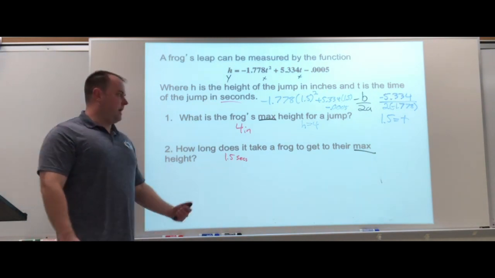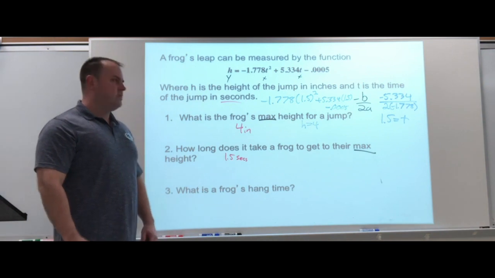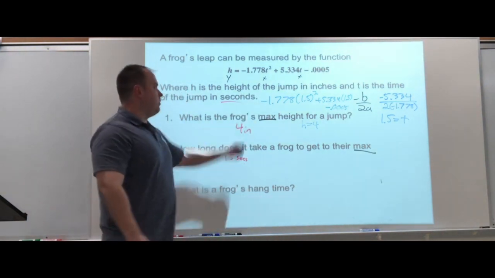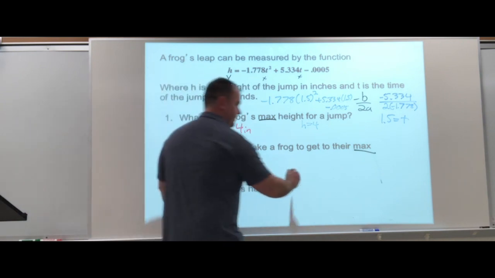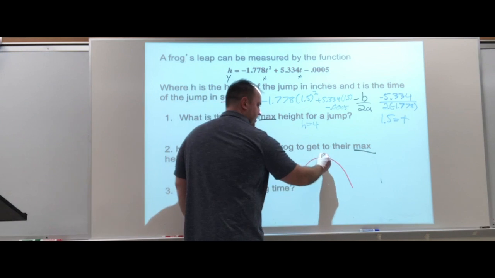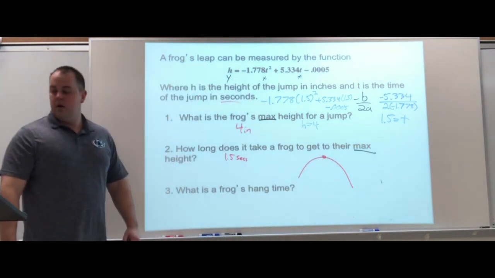Okay. Now once we have that, the next question then is, what is the frog's hang time? So let's think about what this parabola would look like, even without graphing it. We know since our a is negative, it's open down. That vertex is that point there.